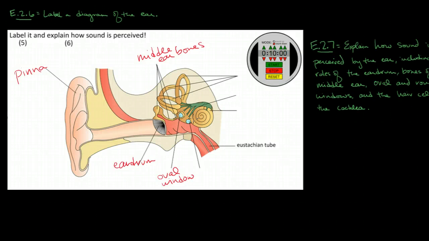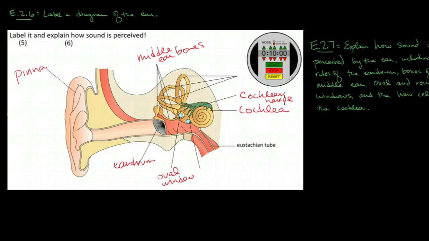So this cochlea, which is here, is filled with fluid, and the oval window adds some pressure waves into that fluid, and then it moves the hairs within that cochlea, which then release neurotransmitters that will then be sent to the cochlear nerve, and ultimately to the brain. Okay?